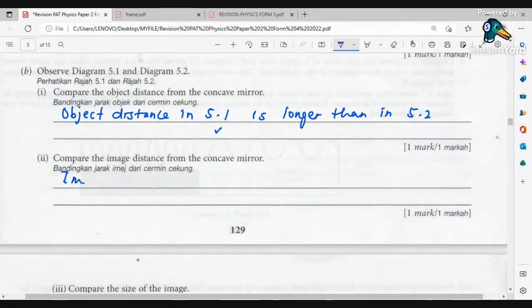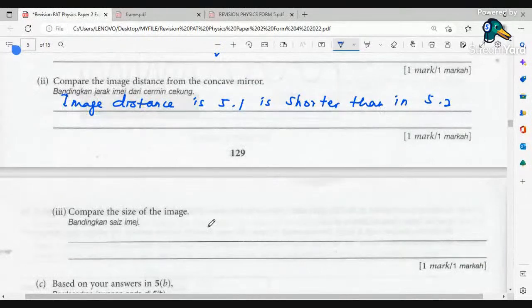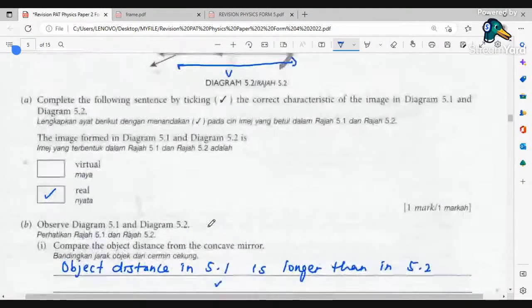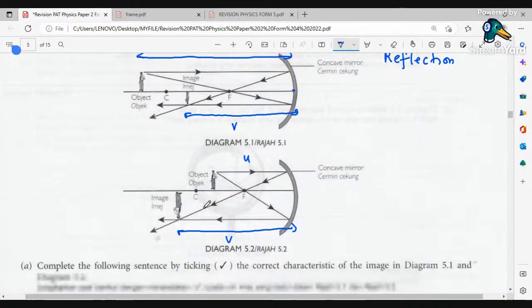Image distance in 5.1 is shorter than in 5.2. Okay. Compare the size of image. Okay, look at the height. So size of image, okay, in 5.1 is smaller than in 5.2.